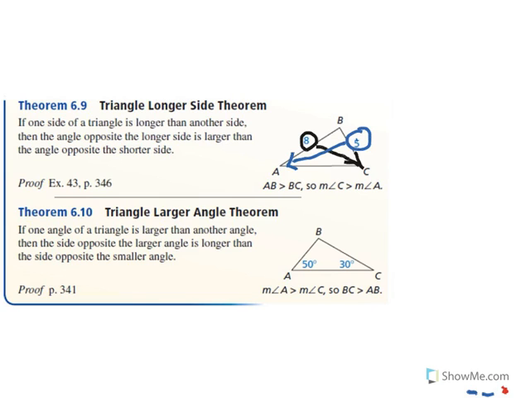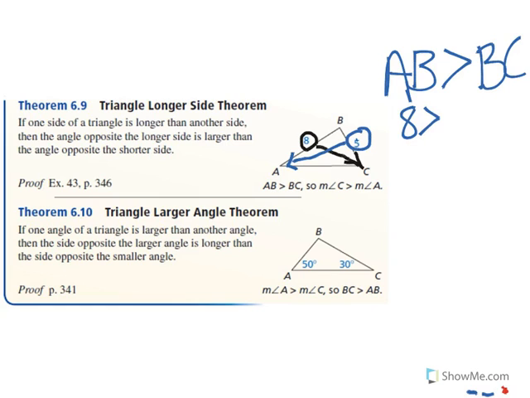Which one's bigger, the 8 or the 5? The 8 is a bigger number. So that would mean that side AB is greater than side BC, and we know that because 8 is greater than 5.